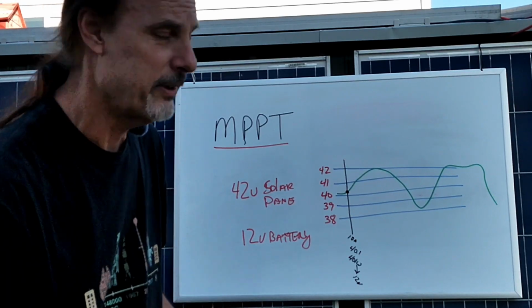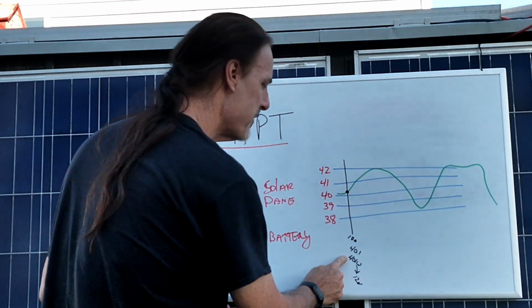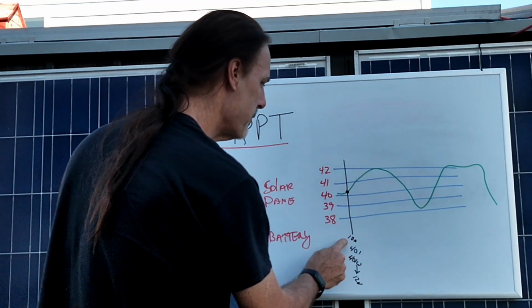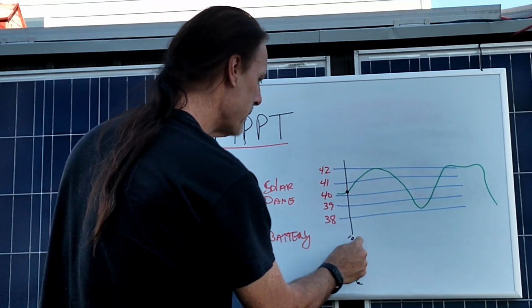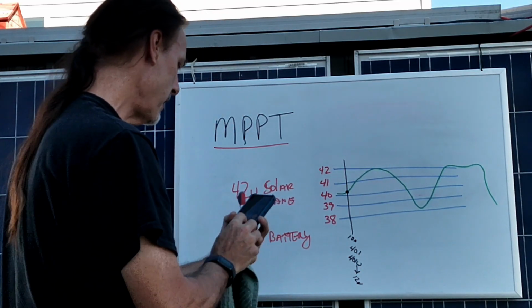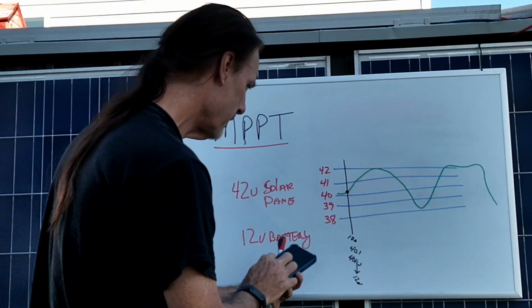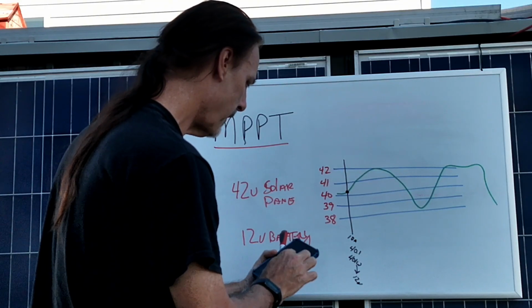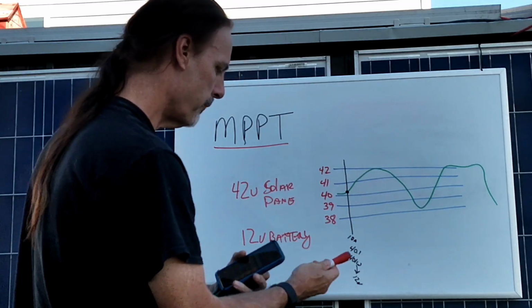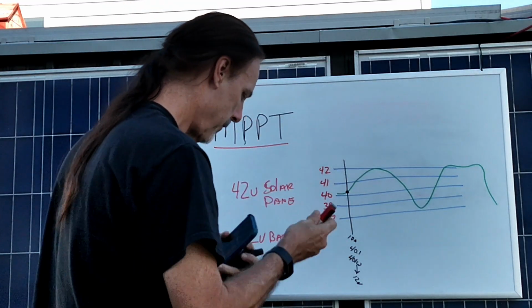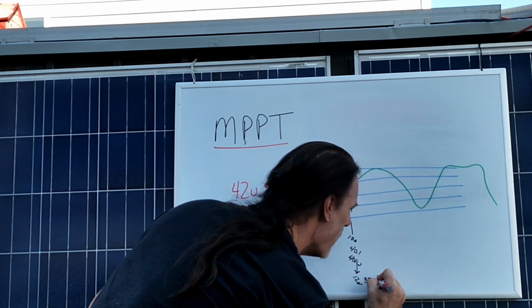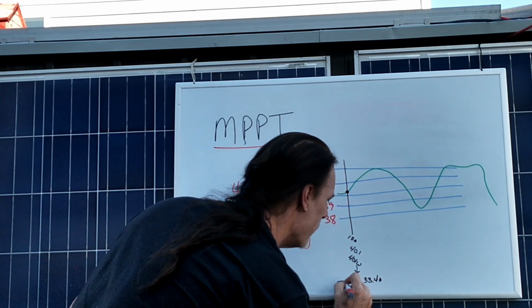Now this 401 watts would be converted down to 12 volts. Sorry, I stepped away to get a calculator for this one. So 12 volts at that same 401 watts is what it's going to do: convert it down from 40.1 volts to 12 volts. That would be 401 divided by 12 volts, which gives you 33.4 amps at 12 volts.